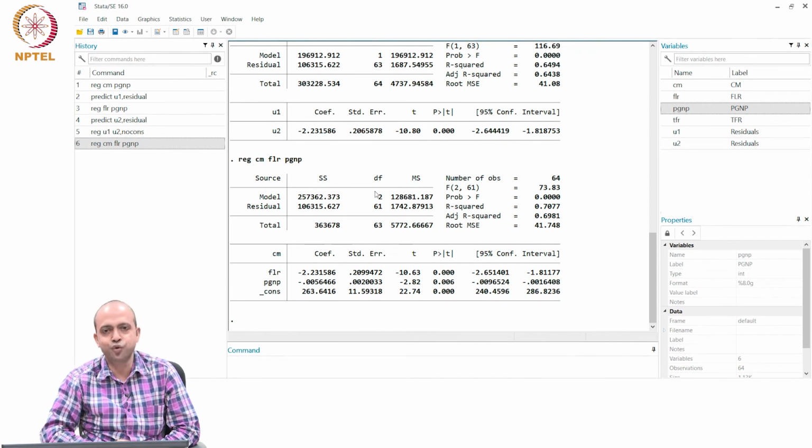These things we have not yet discussed. We will understand the importance of the F statistic and adjusted R square in our next class. In our next class, we will discuss how to use these measures, which are also supplied by Stata.